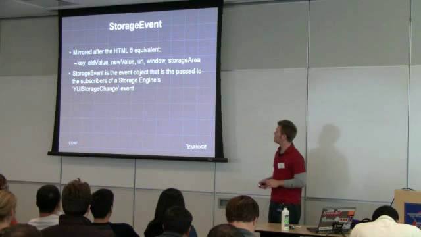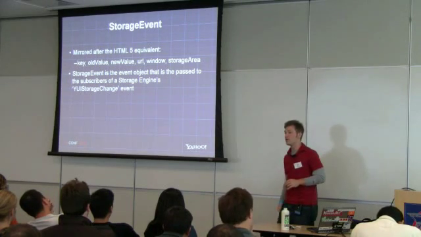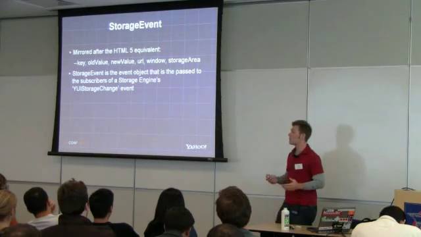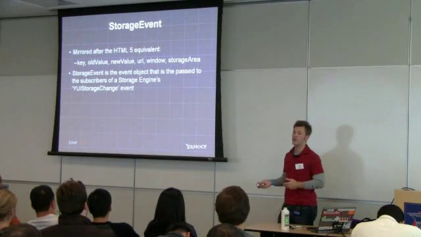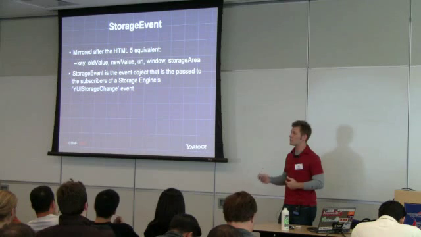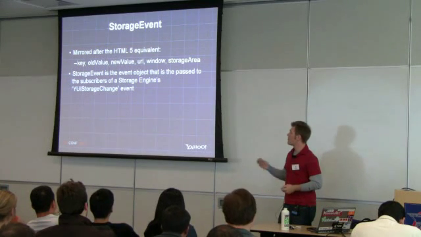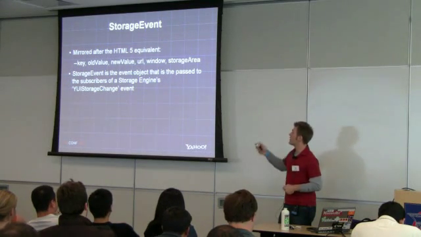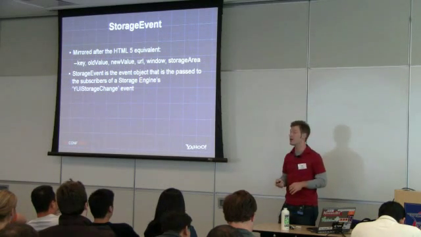And the storage event will be passed into all of the subscribers to the change event of the storage engine. So once you have an instantiated engine, you can just use the subscribe function, pass in a callback, and the callback function will be passed a storage event.